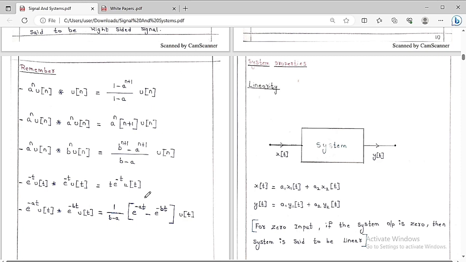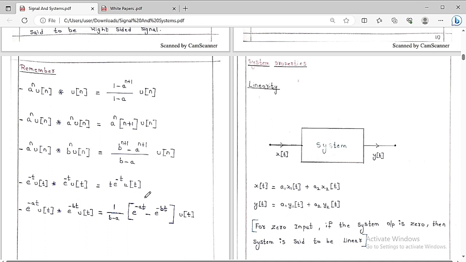Similarly, e to the power of minus t, u of t convolution of e to the power of minus t, u of t is equal to t into e to the power of minus t into u of t. Whereas e to the power of minus at, u of t convolution of e to the power of minus bt, u of t is equal to 1 by b minus a into e to the power of minus at minus e to the power of minus bt into u of t.